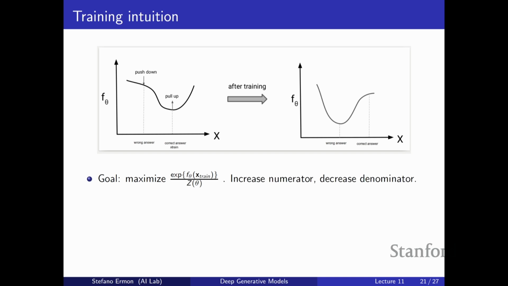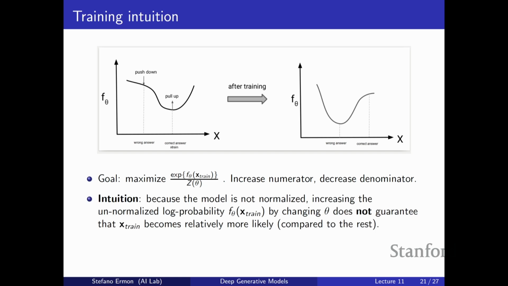And so if you want to make that ratio as big as possible, you need to be able to do two things. You need to be able to increase the numerator and decrease the denominator, which kind of makes sense. The intuition is that you want to figure out how to change your parameters so that you increase the unnormalized probability of the training data, while at the same time you need to make sure that you're not increasing the probability of everything else by too much.